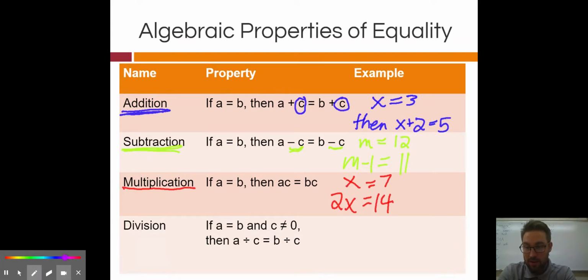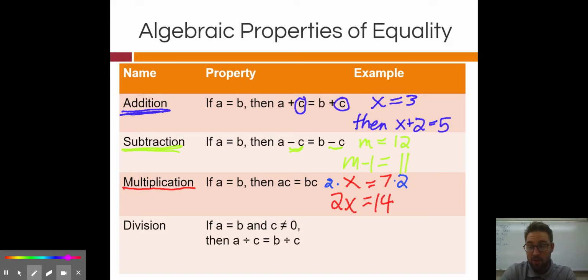Let's see if I can get a good color that will distinguish here. If I'm multiplying both sides by the same thing, 2 times x is 2x, 2 times 7 is 14. 2x equals 14. Well, if x was already 7, plug that in. 14 is 14. That's true.